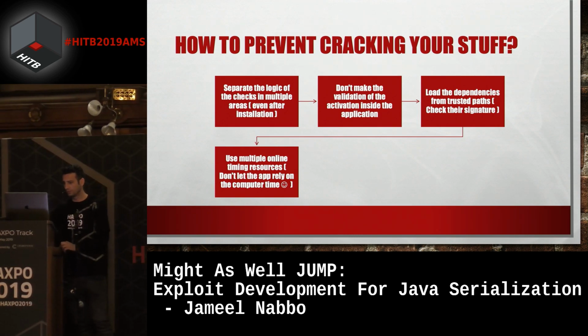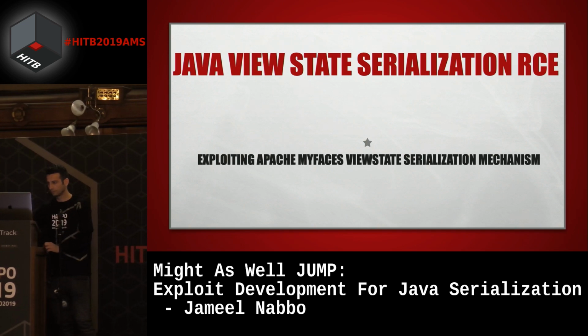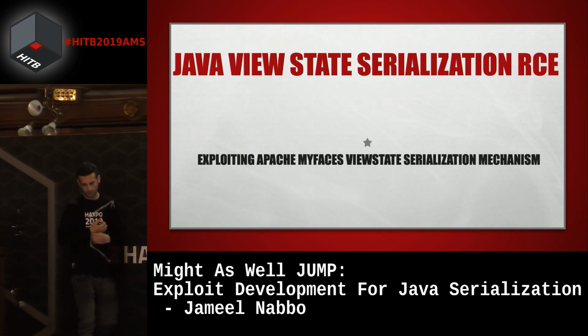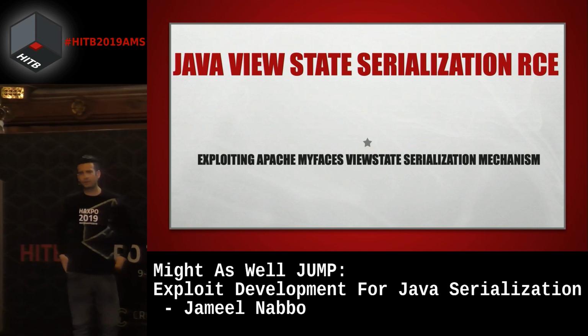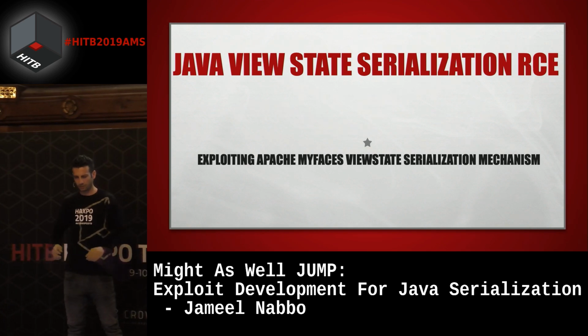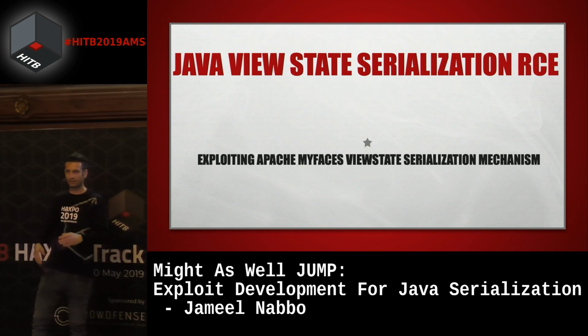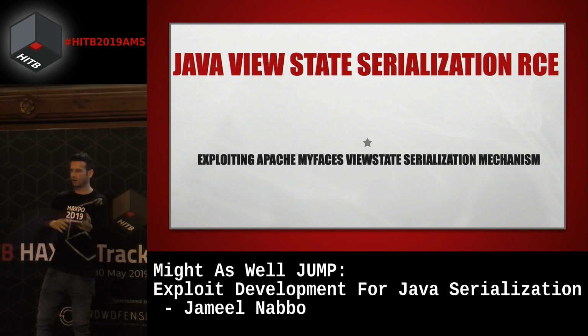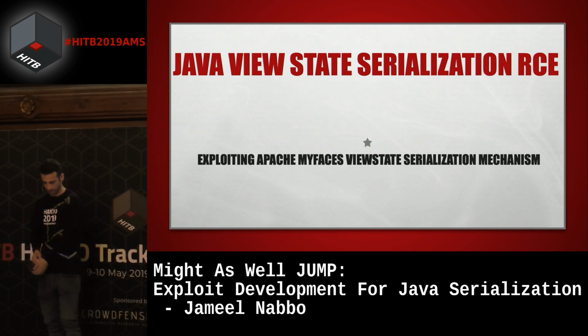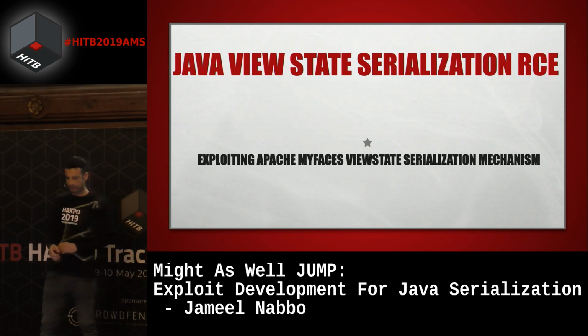So this is the first part. The second one is about exploiting the view state serialization. It's really common, like the Java serialization part, when you have, let's say, a JSON that is loading from a different area, and then you deserialize this into an object, and then you do whatever you want with these objects. But this goal is not about serialization.